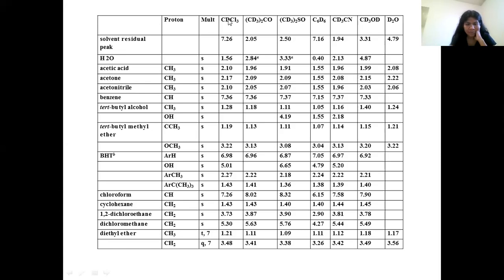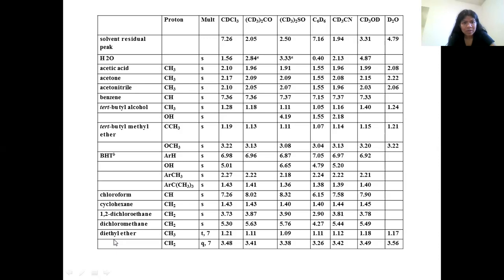So this is CDCl3, this is CD3COCD3, this is CD3SOCD3, C6D6, CD3CN, CD3OD, D2O. These are the different types of solvents, and this is the column for the impurity peaks.